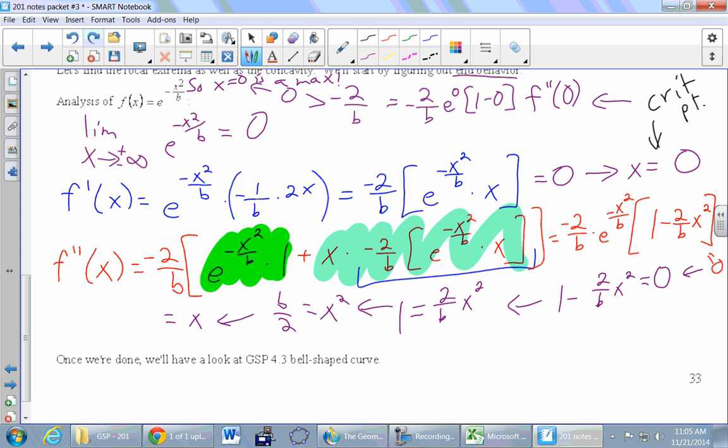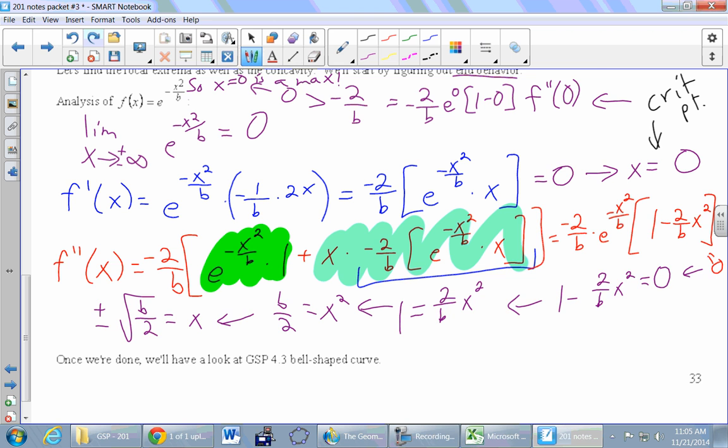X equals square root of b over 2. Is that the only answer? Plus or minus, right? Because we took the square root, we need to recognize that there were two solutions. So we have plus or minus. And those guys right there are candidates for being points of inflection. Right? Second derivative equal to 0.